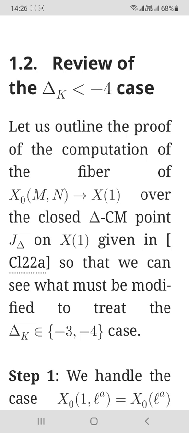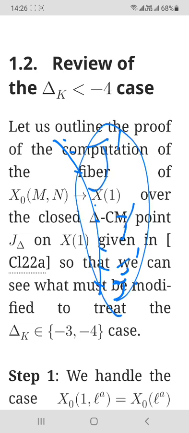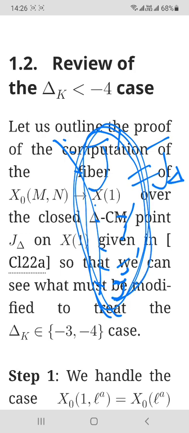So there are many j primes. These form a locus of delta, j(delta). So a closed point j(delta) means a closed Galois orbit of j(delta).